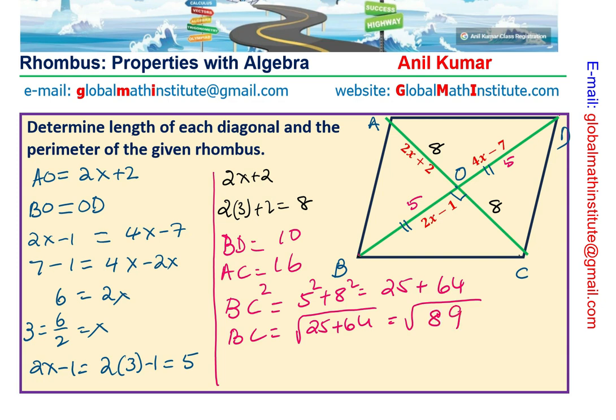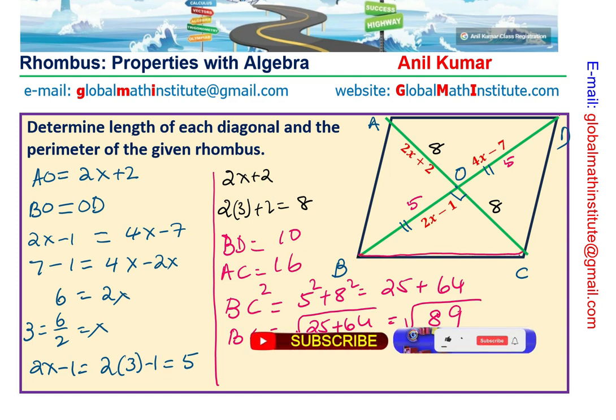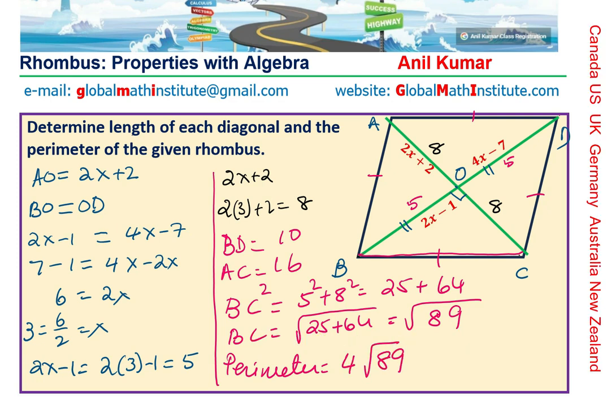So that becomes the value of BC, which is one side of the rhombus. Since all sides are equal, the perimeter is 4 times square root of 89, right?